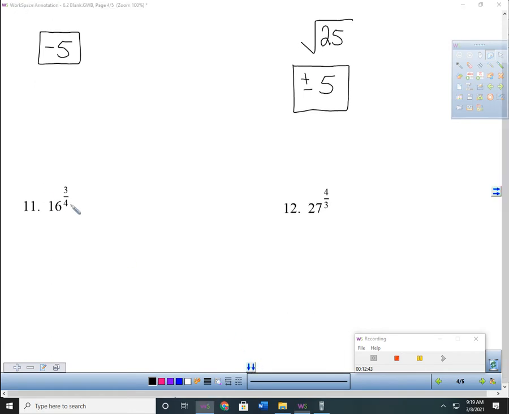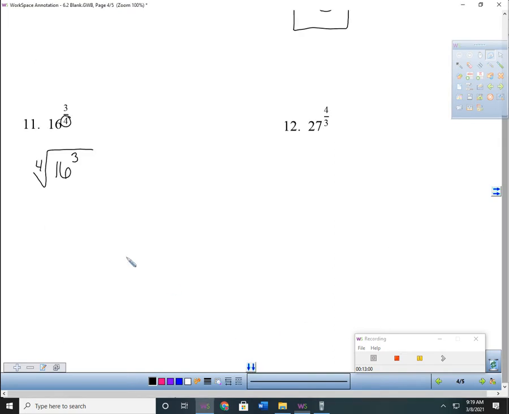Number 11, write that as a root. So I have the fourth root of 16 to the third power. Now, I actually need to figure out what that number is underneath here. So we've got the fourth root of 16 to the third is going to give me 4,096.